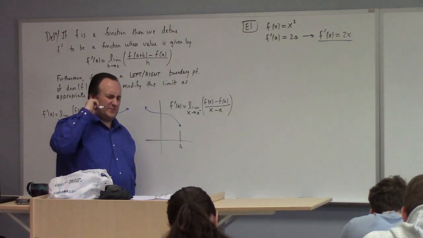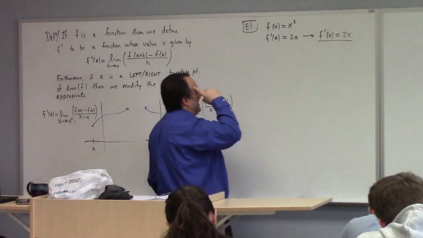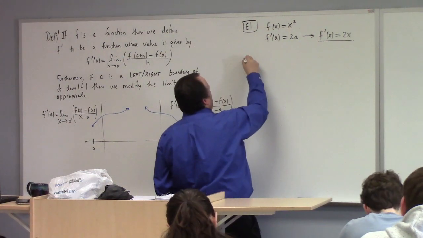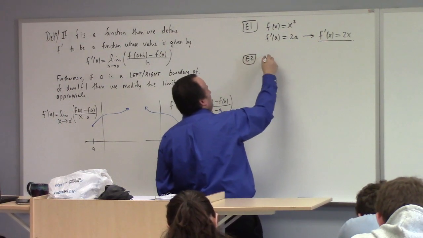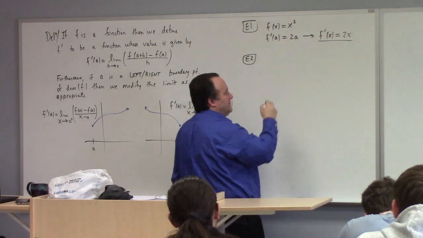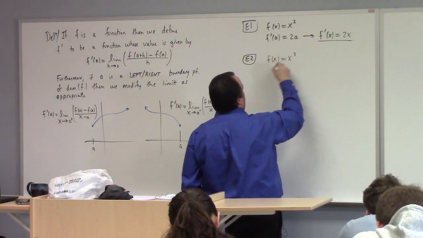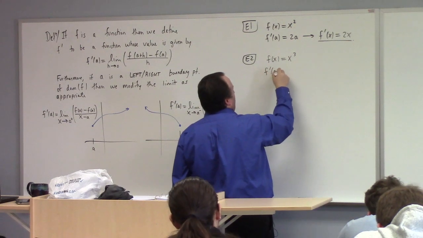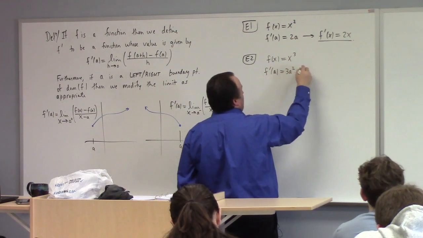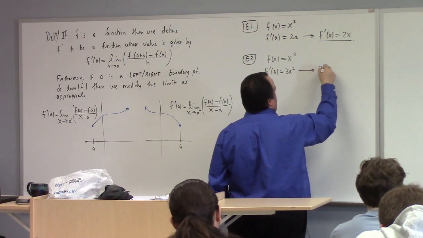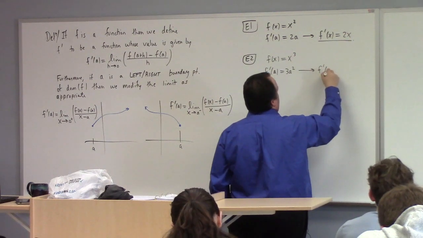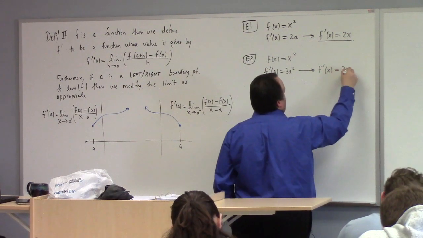Let's see if I can remember another one. What else did we do? Last time, what did we work out? Did we do cube? I think we did the cube, right? f of x equals x cubed. We worked out that f prime of a was like 3a squared. From that, I can tell you the formula for the derivative function is 3x squared.